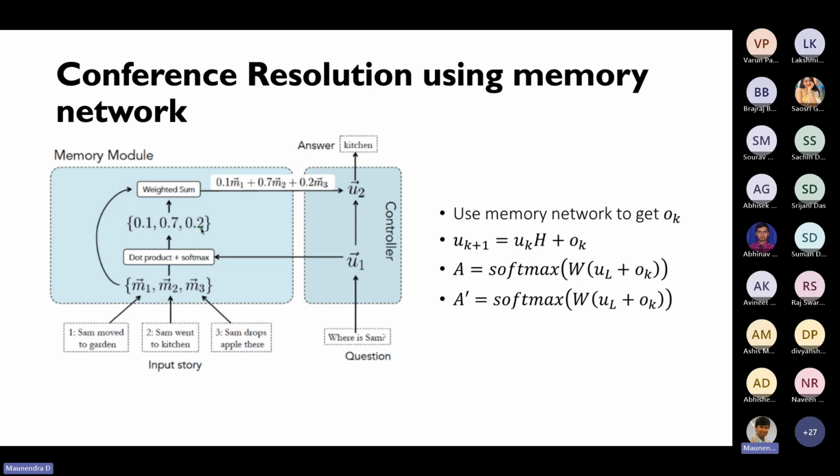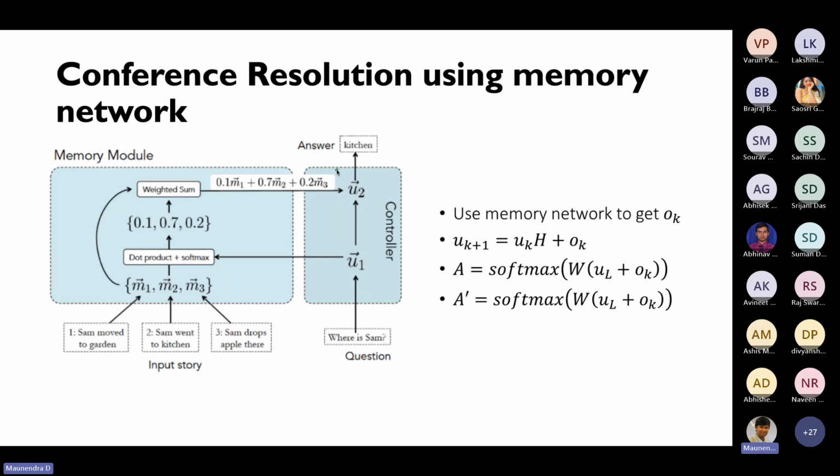Next, you modify the representation of the question. The representation of the question is now modified as 0.1 times M1 plus 0.7 times M2 plus 0.2 times M3, and you add that to U1 to get a refined representation U2.